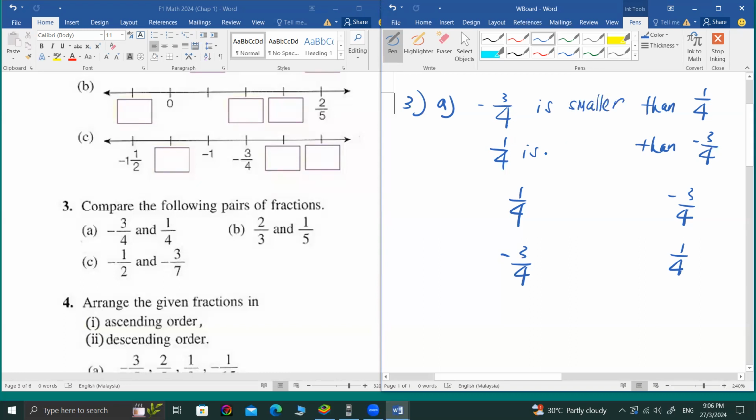Or you say 1 per 4 is bigger than. Or 1 per 4 bigger. Or negative 3 per 4 smaller. This one we call compare. Understand? So in the exam, you can write any one. But let's say your school teacher said, no, I want you to write this way. Okay, you follow. Understand that? Yeah? So know how to do number 3 already?